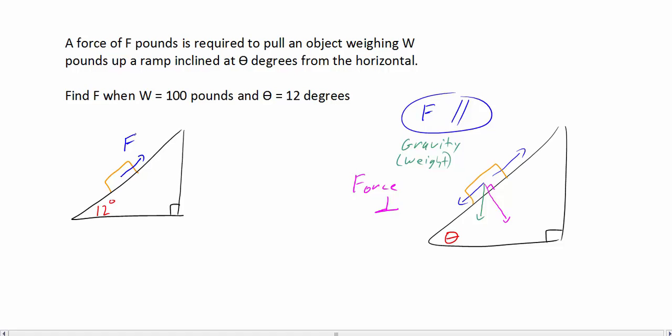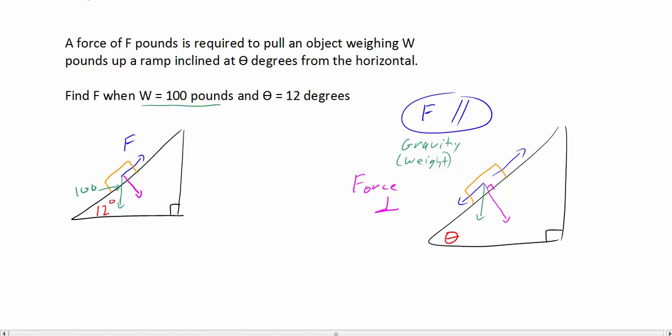And then of course we have the weight, which is 100 pounds. That's the force, the gravity that's pulling straight down here. So that side's 100. And then the perpendicular force that's here.